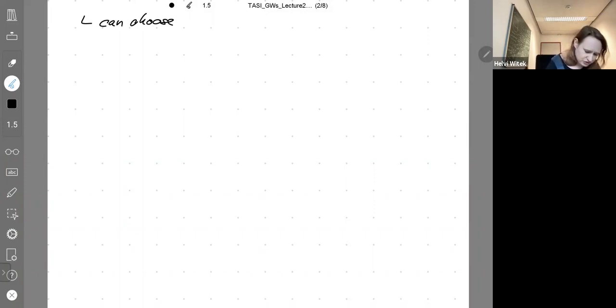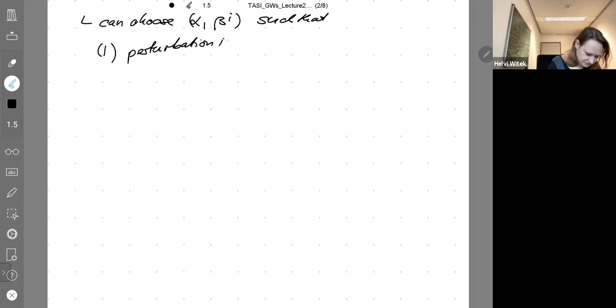So we can choose these functions alpha and beta that I just introduced, such that, first of all, the perturbation is traceless, that is, h bar equals 0, and that implies that also the trace of the original perturbation is 0.